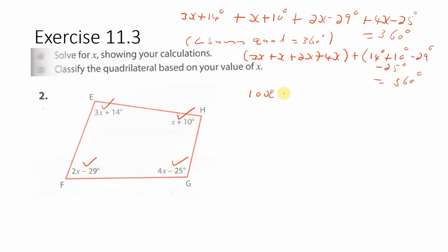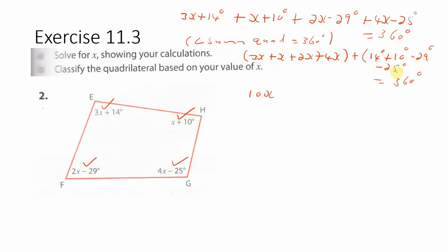We have 10x. If we add our numbers, 14 plus 10 is 24. We have 24, we give away 29, or we owe 29. We don't have enough, so we owe the difference between 24 and 29, which is 5.